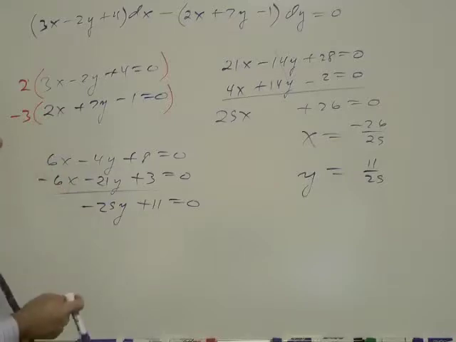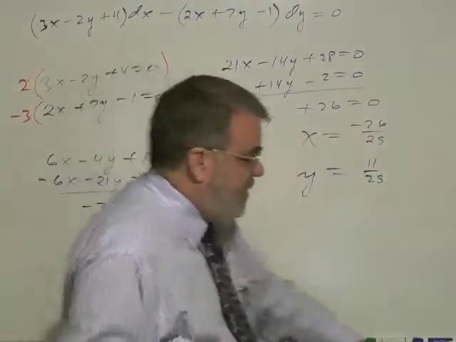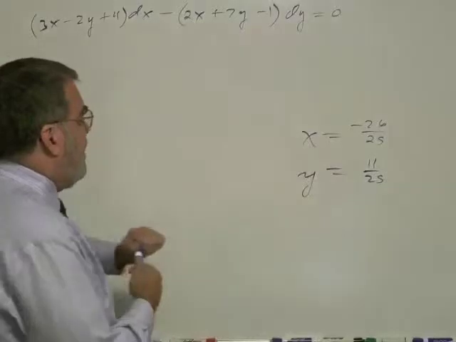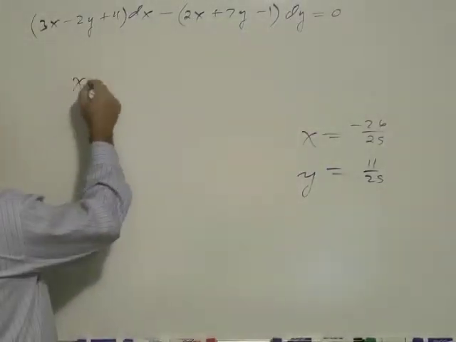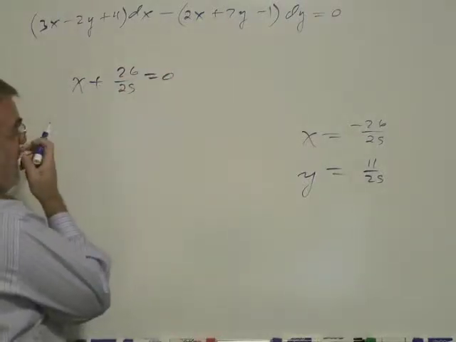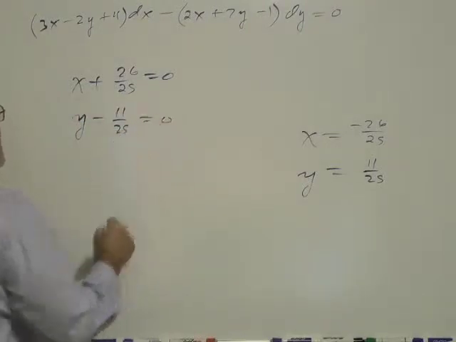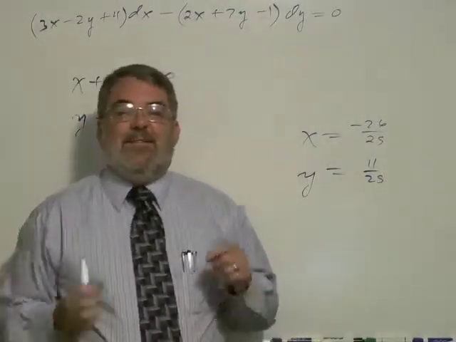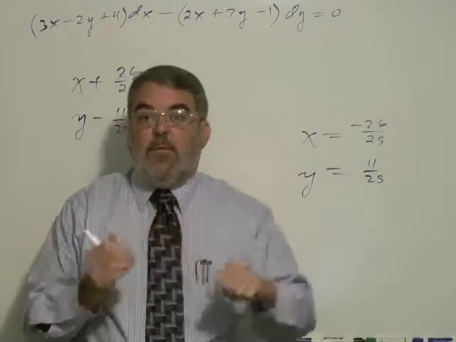Well, now what are we going to do with this? Let me erase some of this junk here. I'm going to be left with this part. I'm going to take each of these and bring the constant over. So I have x plus 26/25 equals 0, and y minus 11/25 equals 0. Now remember, we wanted the intersection point to be the origin of the new coordinate system with x bar and y bar.